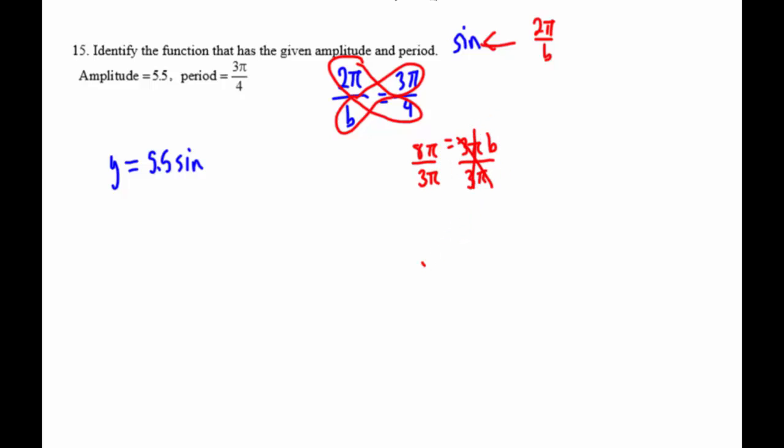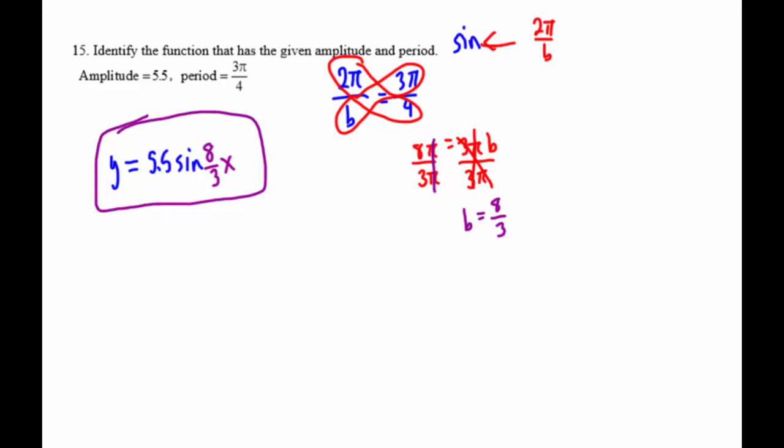That means my pi's cancel, and b is 8/3. B is the number that goes here in front of x, so this is 8/3 x. And that would be my trig function.